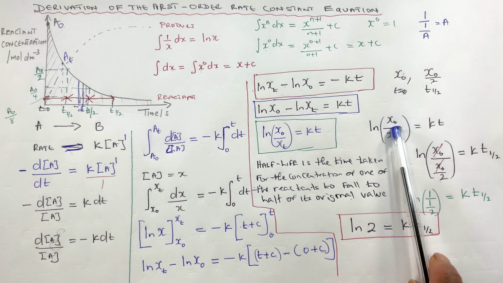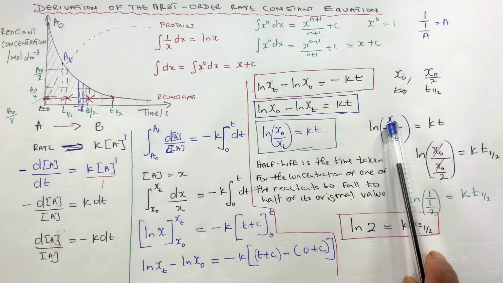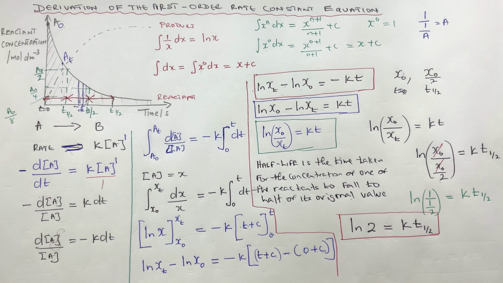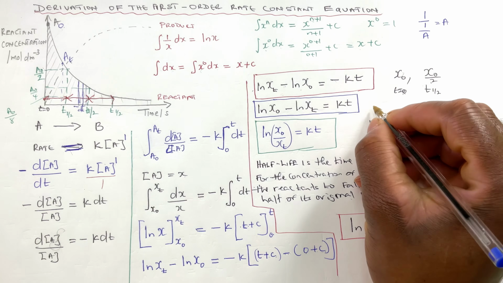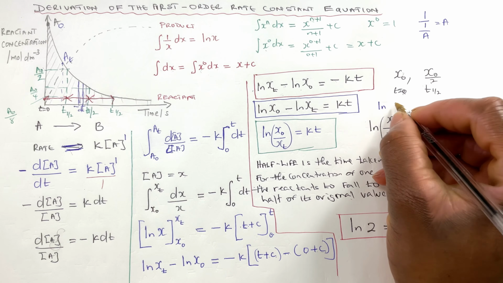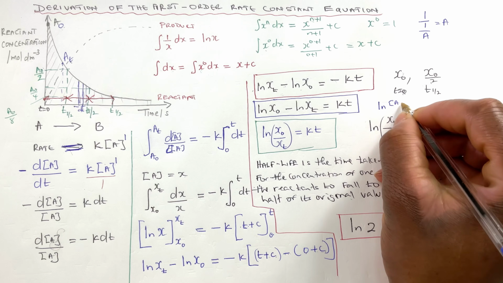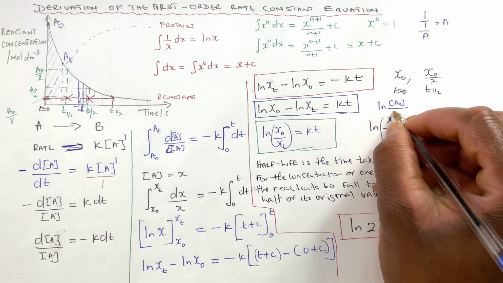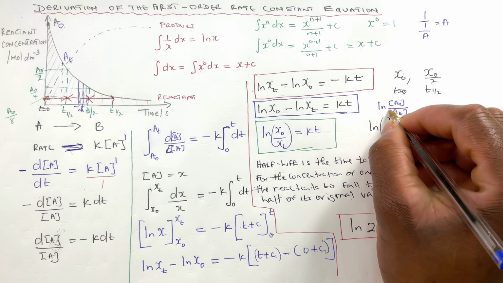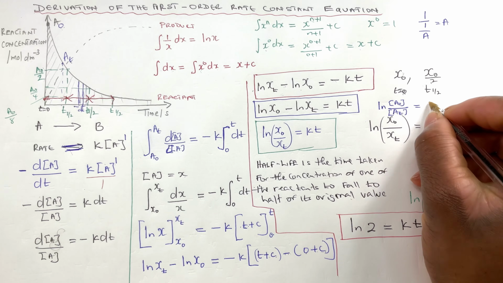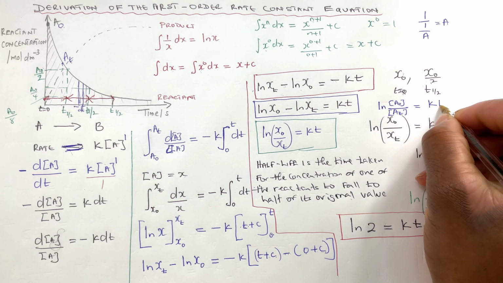Here, you can rewrite that using the concentration. So you could write that equation again by calling that ln concentration of A naught over concentration of A at t equals kt.